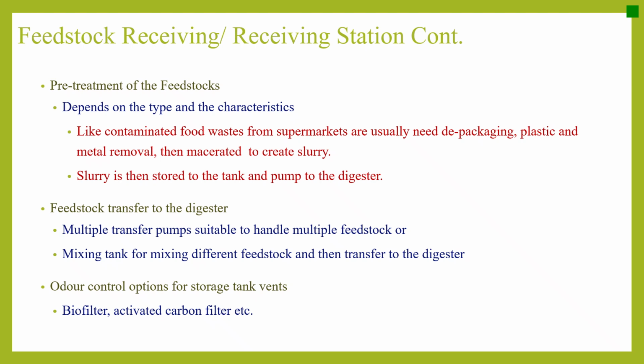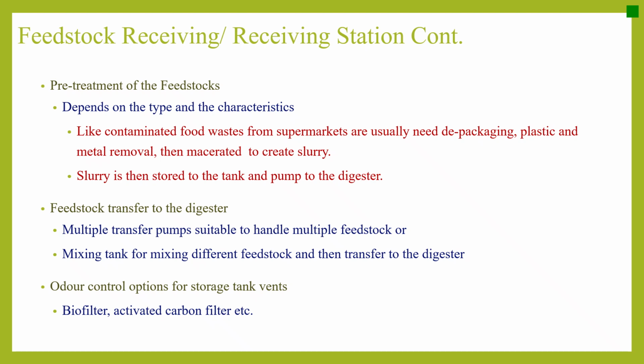Then we have to think about the pretreatment of the feedstocks, and that will depend on the type and characteristics of the feedstock. Contaminated food waste from supermarkets usually needs depackaging, plastic and metal removal, and is then macerated to slurry. That slurry is then stored in the tank and then pumped to the digester.